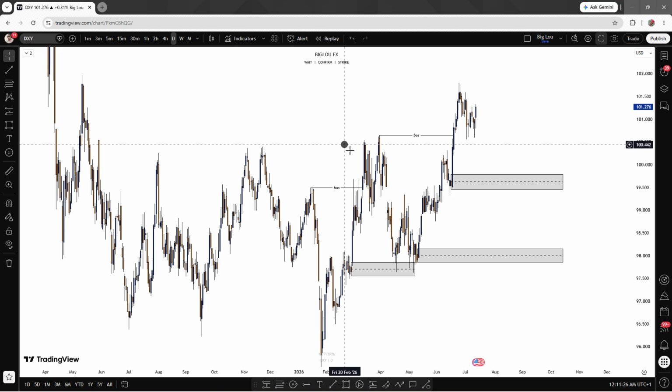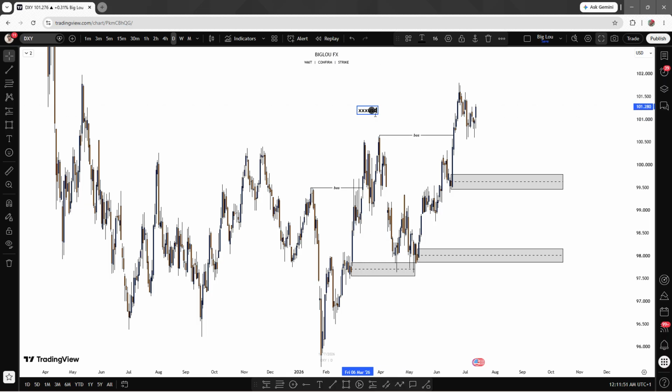Now, for myself, I trade major currency pairs. I trade pairs that have the USD as a quote currency, any pair like XXX USD, XXX being the base currency.